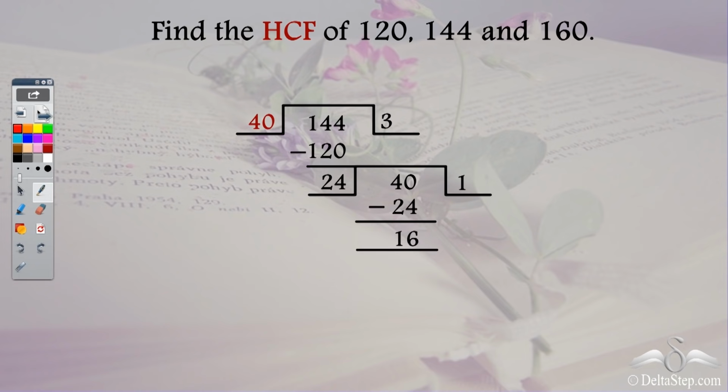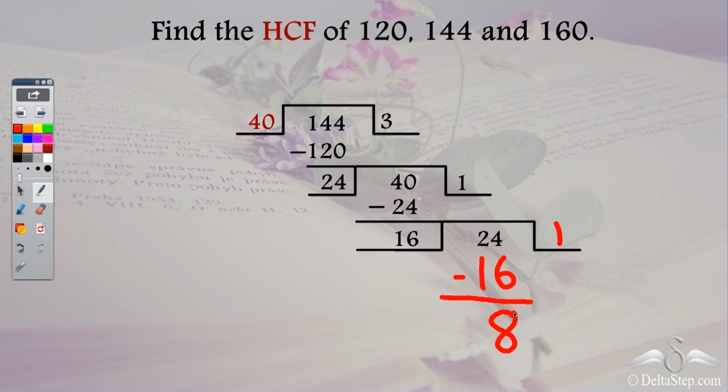This is what we have. Now this 16 is the remainder. So it will now divide 24. So 16 will now divide 24. 16 goes into 24 one time, and I need to subtract it to get the remainder 8.